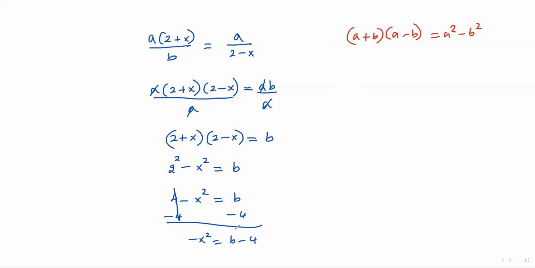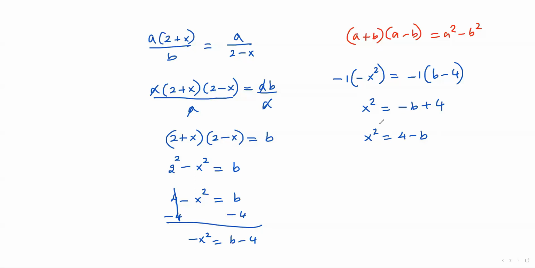Now I multiply both sides by -1 to get rid of this negative sign. So -1 times minus x squared is equal to -1 times (b minus 4). Negative times negative becomes positive, so 1 times x squared is x squared. And when I distribute this -1 to b and -4, I get minus b plus 4, otherwise we can write 4 minus b.